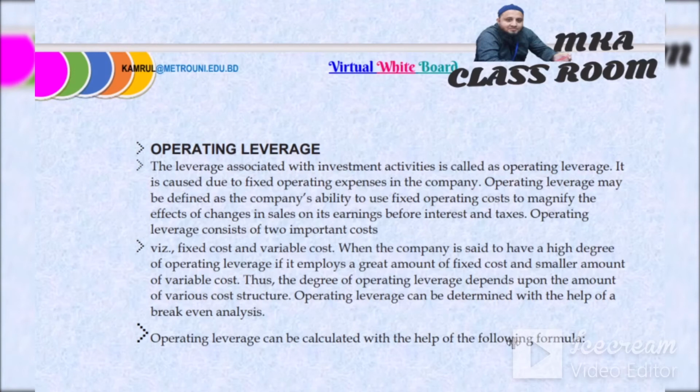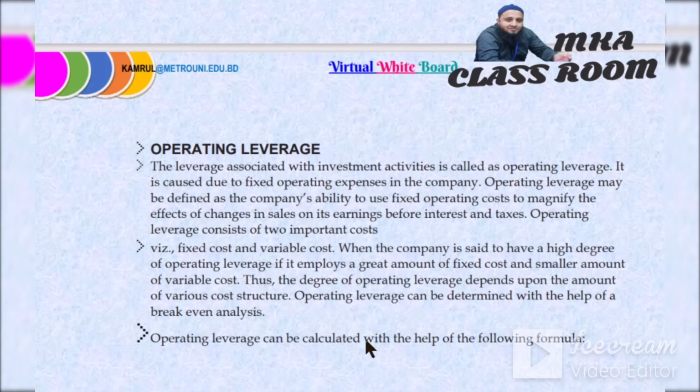Now, operating leverage. Actually, leverage arises from fixed cost. So you know there are two types of fixed cost: operating fixed cost and financial fixed cost.